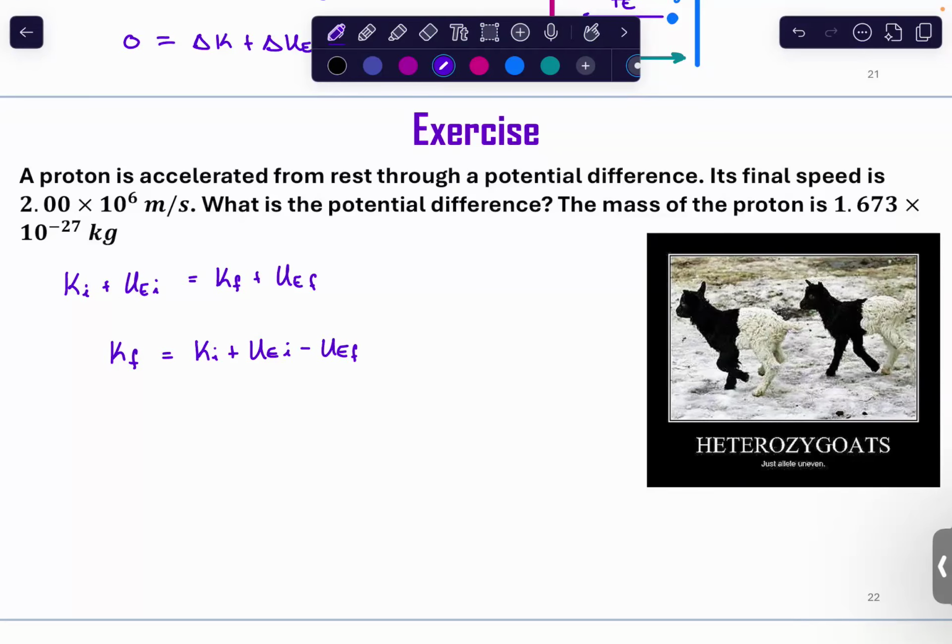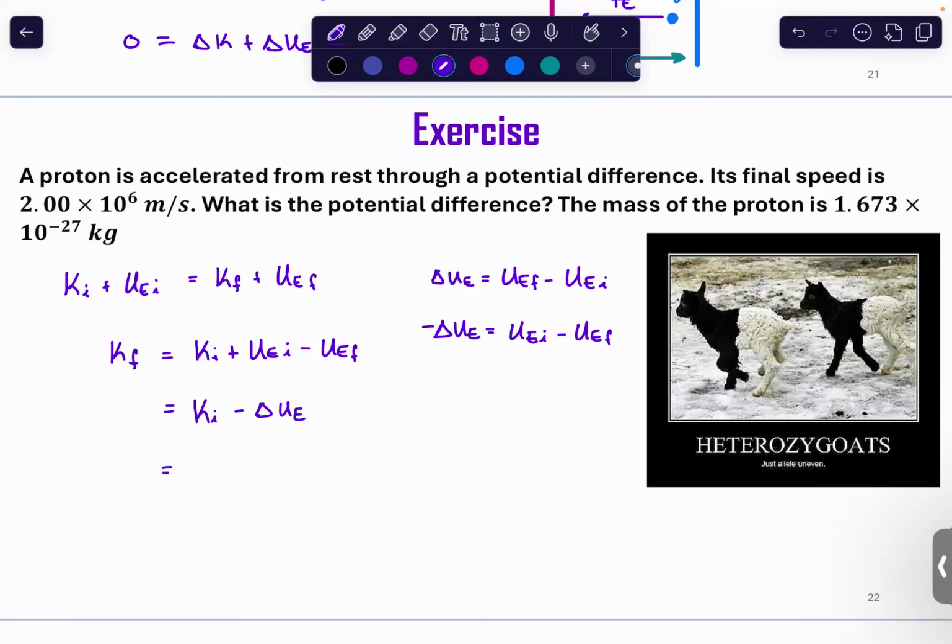We did this because then we can say, so this is going to end up giving us the initial kinetic energy minus the change in potential energy.